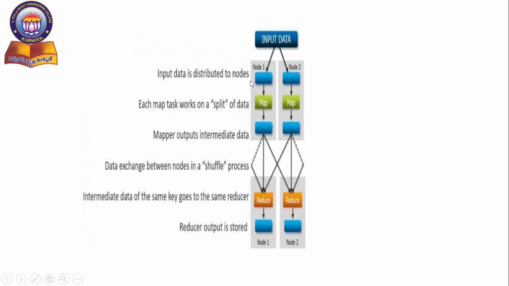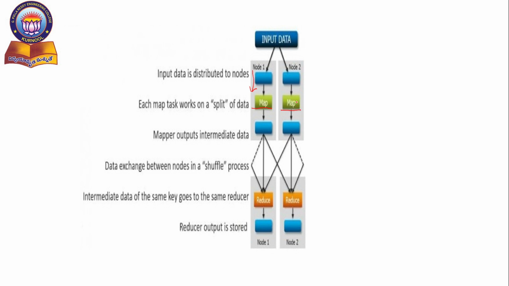Once the data has been distributed to the nodes, the next step is the map task. Each map task works on a split of data. Whatever data comes from node 1 will be transferred to the maps in the cluster.